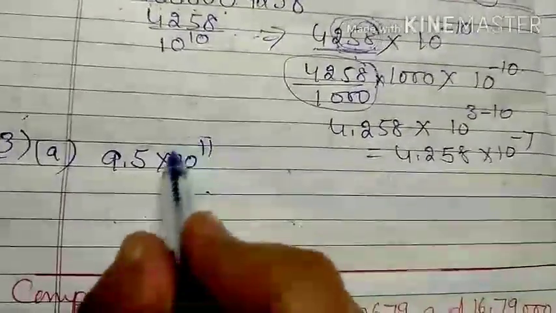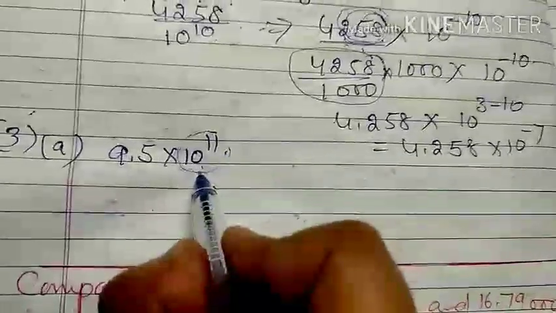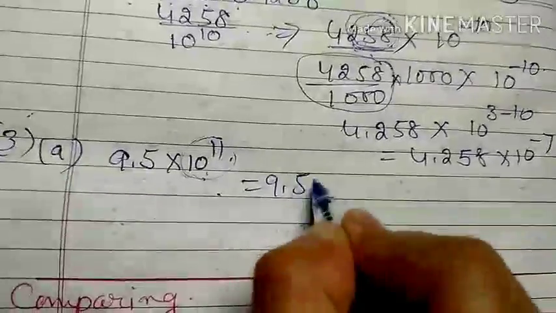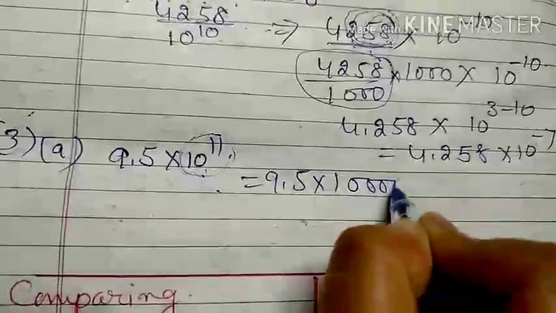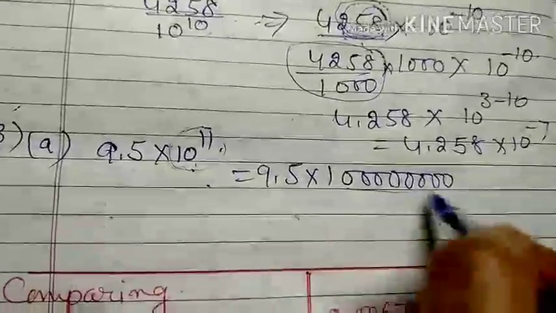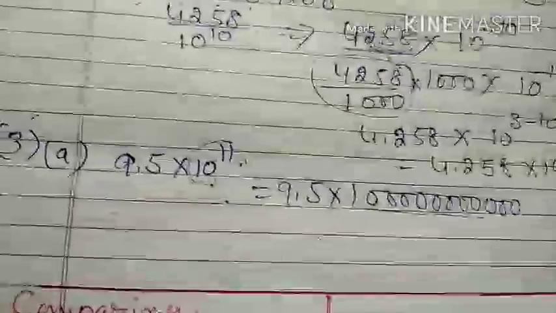So just write whatever zeros are there, you have to keep 11 zeros with 1, like 9.5 multiplied by 1 2 3 4 5 6 7 8 4 8 3 more 9 10 11.